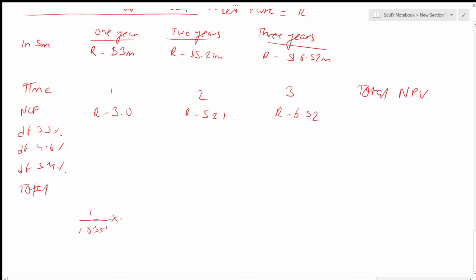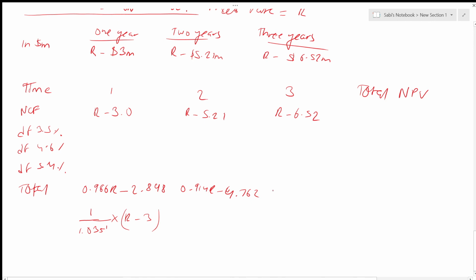Multiply this by R minus 3, right? So when you multiply this, you will get 0.966 R minus 2.898. The same way for here we are getting 0.914 R minus 4.762.